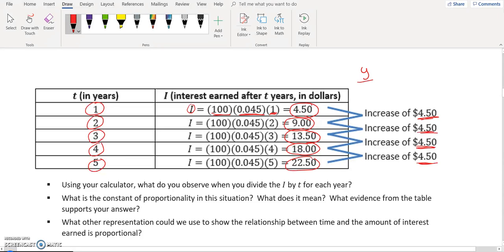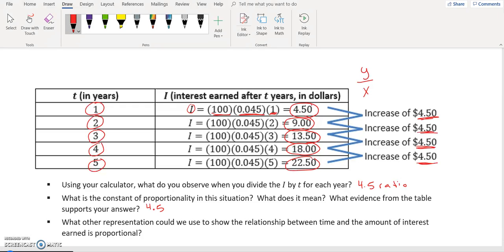That is your y divided by your x. So that gives you 4.5 is the ratio. So what is the constant of proportionality? The constant of proportionality there is 4.5.